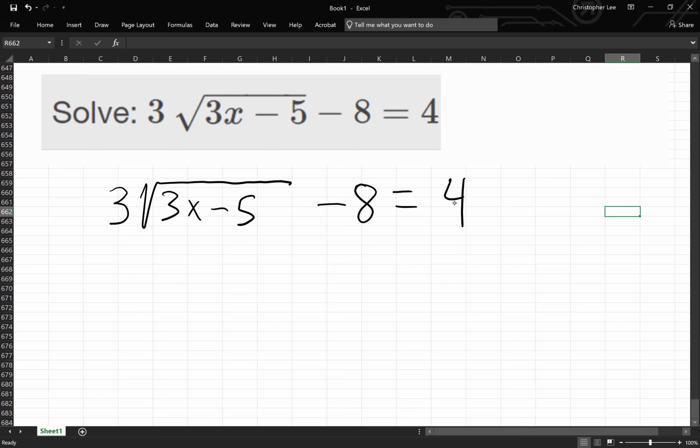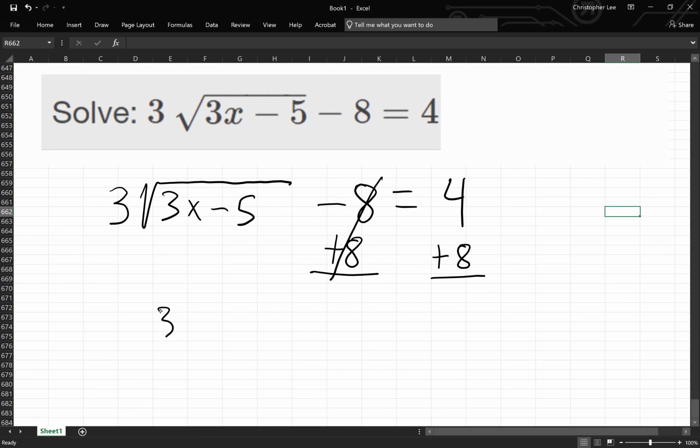I'm gonna do this question in the way that they intended us to do it, but you do have another option. Watch this. So again, I want to solve for x here, right? So I'm going to add 8 over here. Everybody agrees that's the first step, right? What you do to one side of the equation, you do to the other.